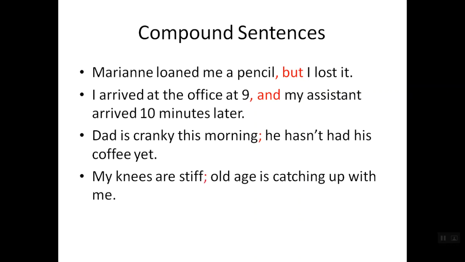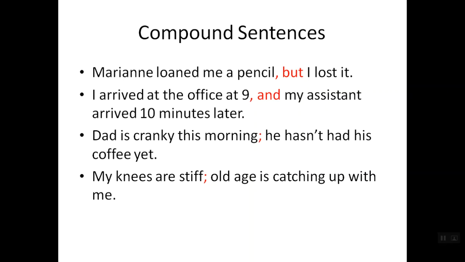Okay. My knees are stiff. Old age just catching up with me. My knees are stiff. This is a result of the old age, that my knees are stiff. Okay, and you can put the semicolon between them.